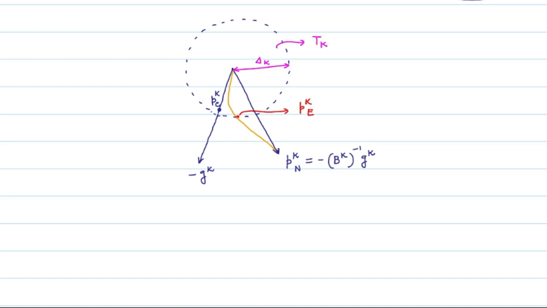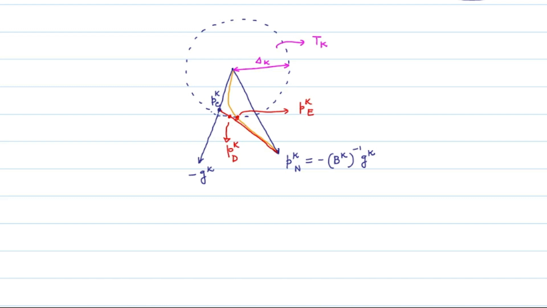To find an approximate location of this p_k^E, what we do is we join this p_k^C with this p_k^N with a line segment and find the intersecting point of this line segment and the boundary of the trust region. We take this intersecting point, call it p_k^D, as an approximation of this p_k^E.